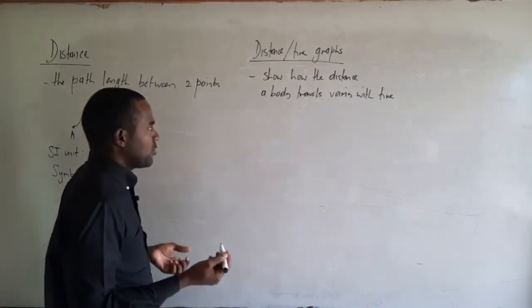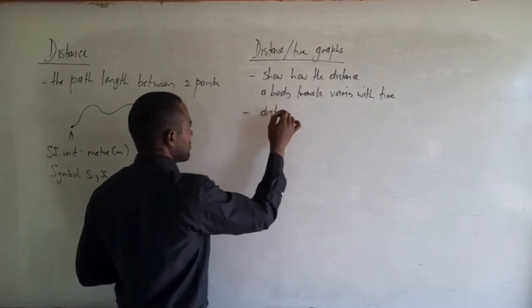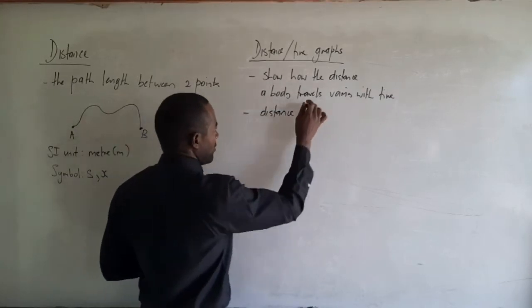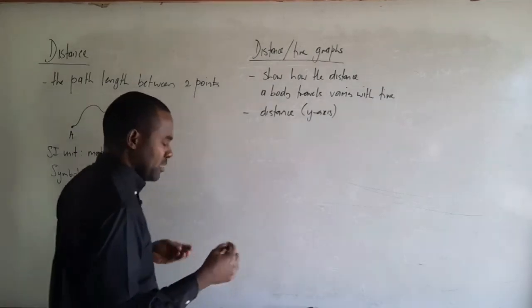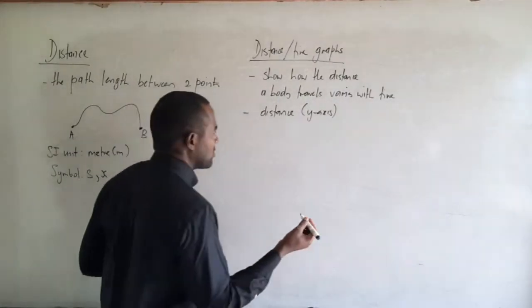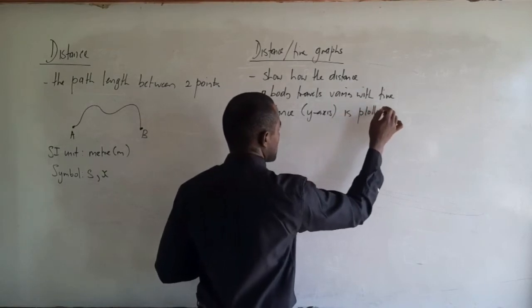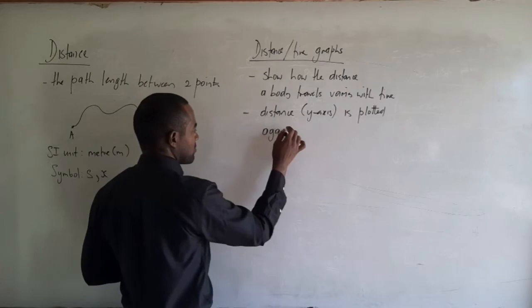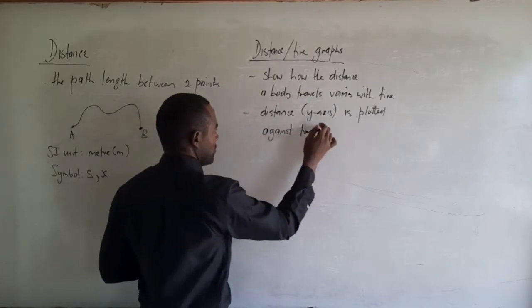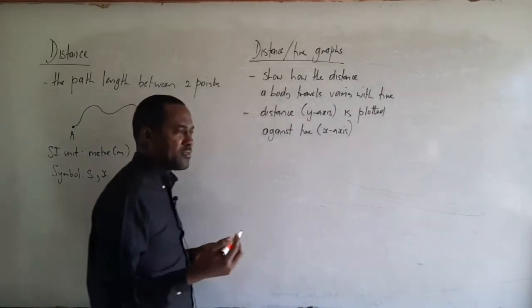Typically, distance is on the y-axis, usually in meters, and is plotted against time, which goes on the x-axis and is typically given in seconds.